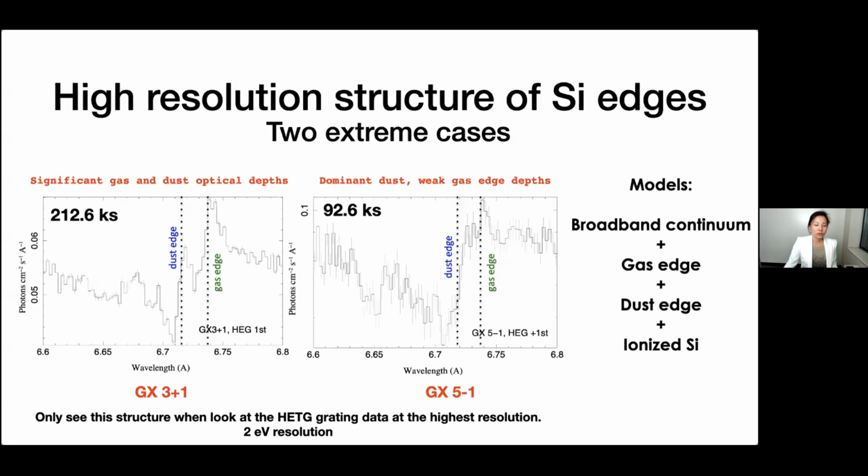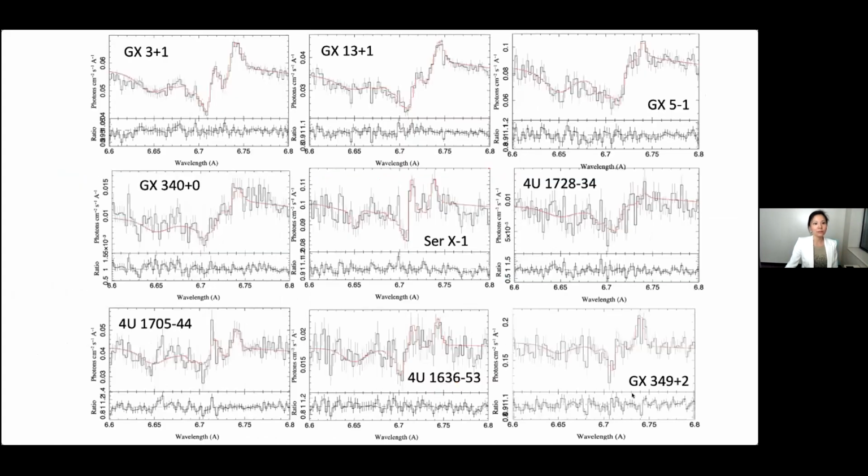For all the sources in our survey, we used broadband continuum models. For the edge band, we used the silicon gas edge model, dust edge, and the ionized silicon models. Here is an overall view of the fitting for the sources in our survey, in different locations of the galactic bulge.